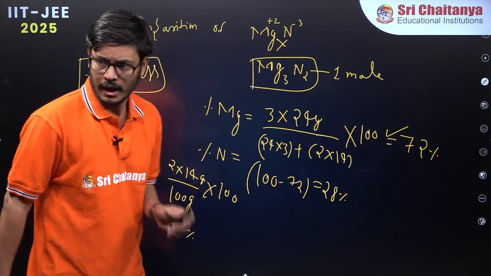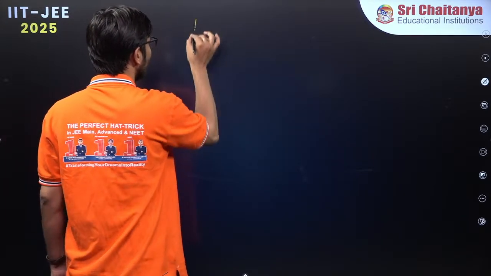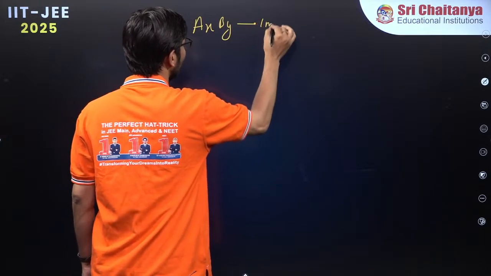Okay, great. Now, let us come to the formula. What will be the formula? Let us say we are having a compound AxBy and we are having 1 mole of AxBy.